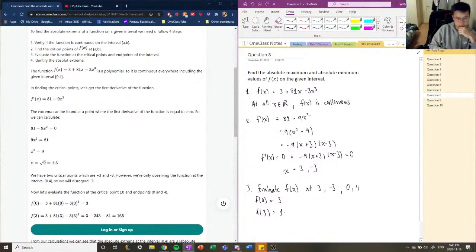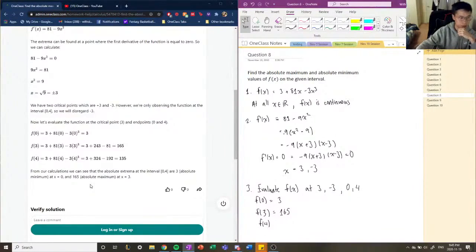And we're also going to evaluate f of 4, which is equal to 135. You just plug in those values. The reason we did not evaluate negative 3, even though it is a critical point of this function, is that it is not in the interval of 0 to 4, so we don't need to calculate it.